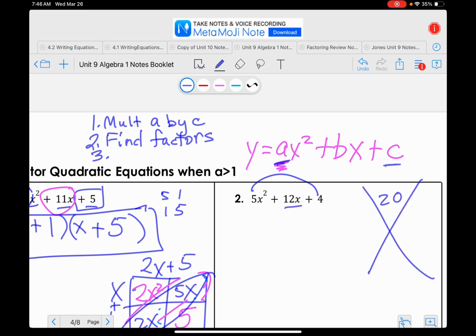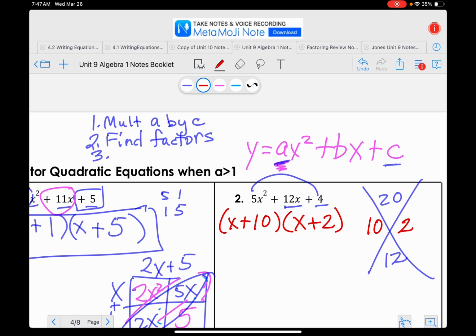So this time, instead of finding the factors of 4 that add to 12, I want the factors of 20 that add to 12. So it is going to be 10 and 2. And I pretend those are my factors. They're not, because I've changed the problem by multiplying the 5 times the 4. So I call them my fake factors.